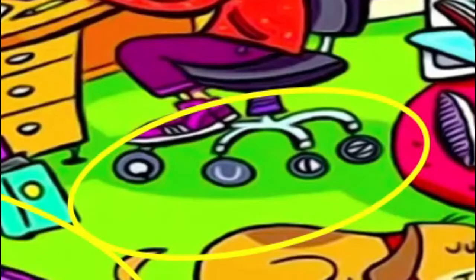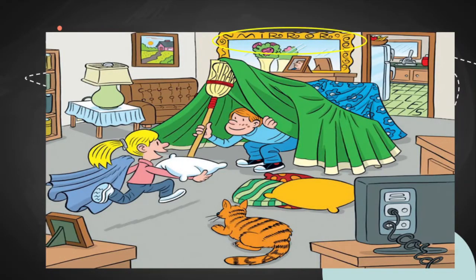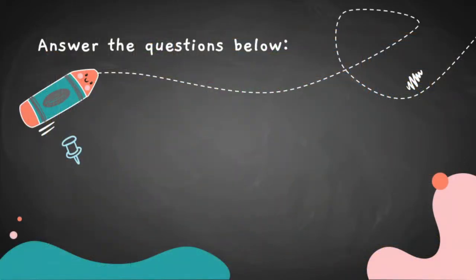Very good. Next photo. Let's reveal the answer. What are the words? Mirror. Alright. Very good. Next, couch. And we also have cord. We also have tiles. Very good for those who answered. And cat. Very good. Alright, answer the questions below.